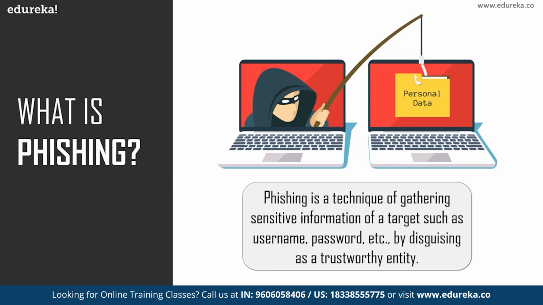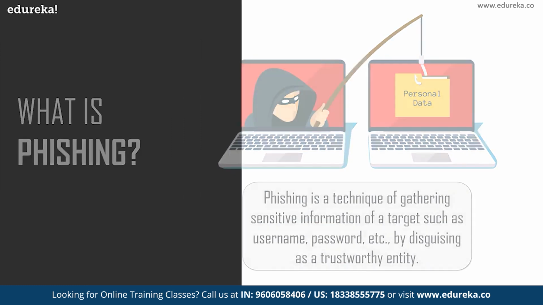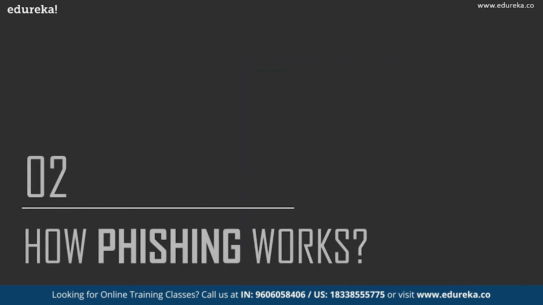As I told you previously, if you are entering sensitive information, maybe your card details, onto a trustworthy website, you wouldn't be hesitant. So in phishing attacks, a hacker disguises himself as a trustworthy entity, then tricks you into entering your sensitive information into that fake web application. So this is phishing. Now let us see how phishing works.